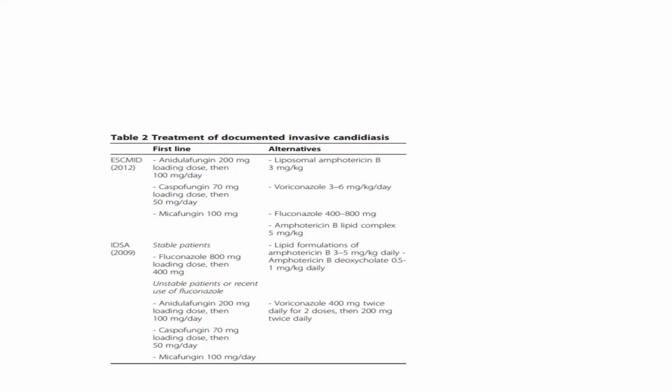Or we can use micafungin, that is 100 mg per day. Alternative therapy for a stable patient is lipid formulation of amphotericin B 3 to 5 mg per kg daily and amphotericin B deoxycholate 0.5 to 1 mg per kg daily. And if the patient is unstable, we can use voriconazole 400 mg twice daily for 2 doses, then 200 mg twice daily.